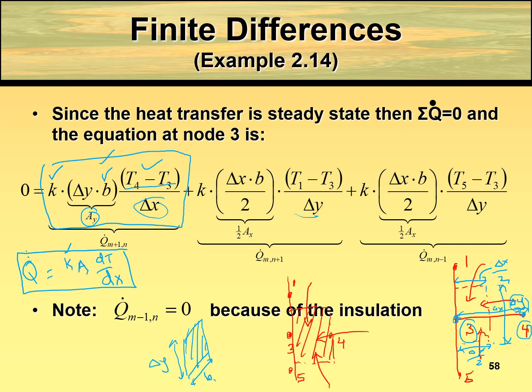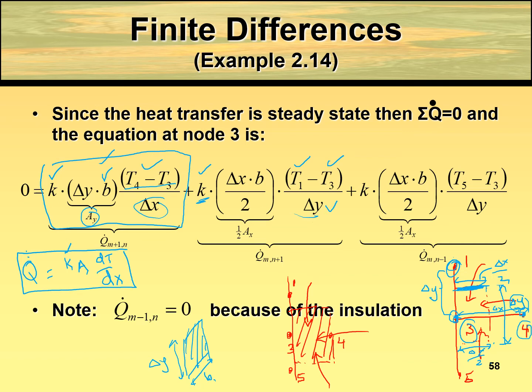Now consider the same thing from node 1 to node 3. Node 1 to node 3, you have to pass by this area, right? Again, our k remains the same because it's the same material. The delta T is T1 minus T3, right? Now if you look at it, from here to here, the length is delta y, so we put delta y here.